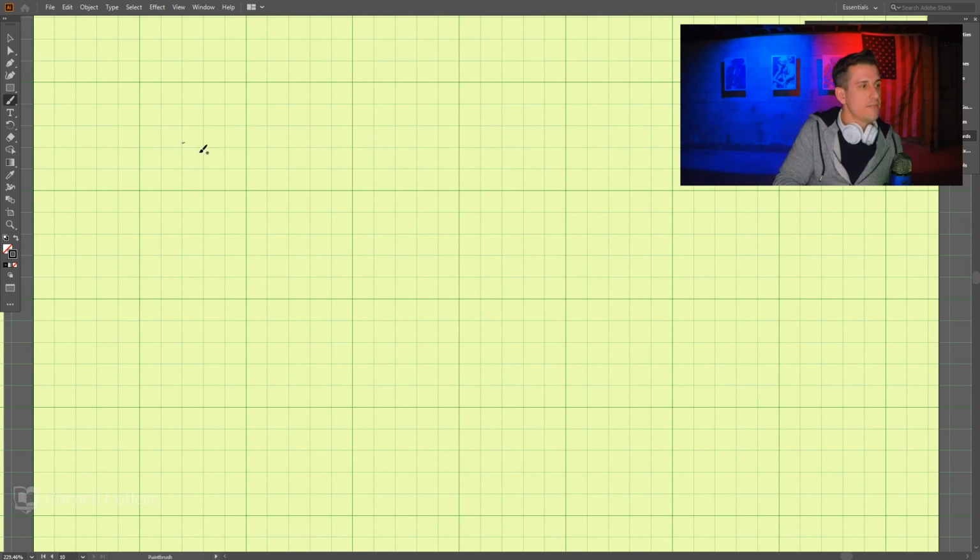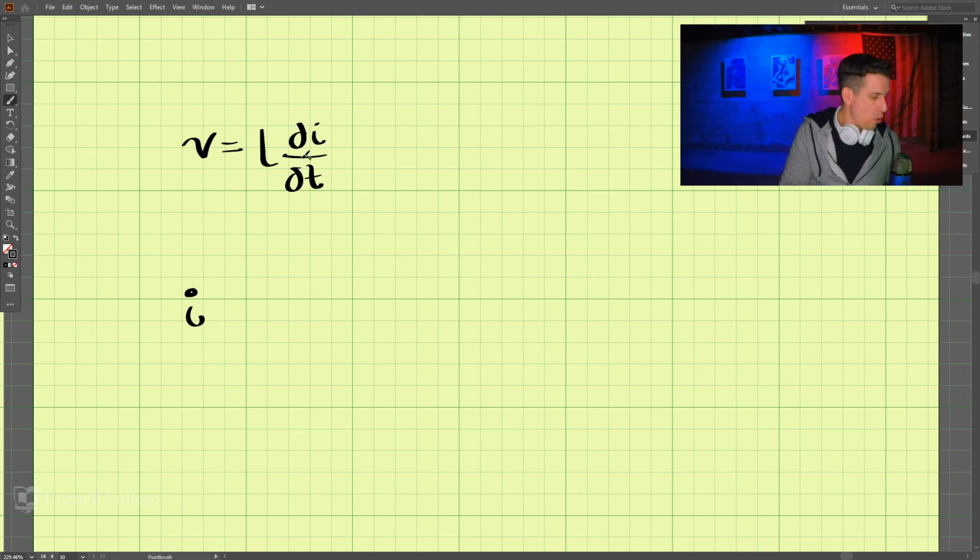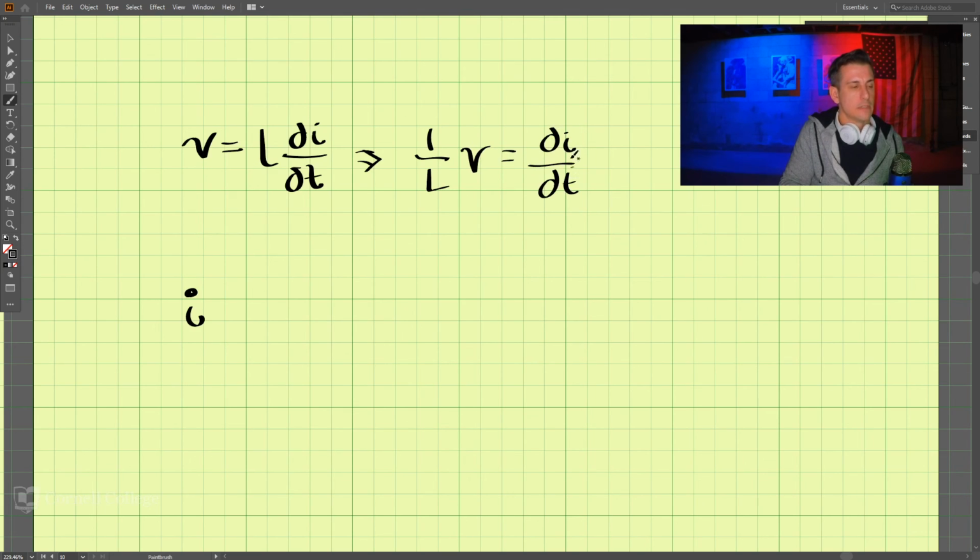Now we've said that the voltage of an inductor is L di/dt, but we can also find the current if we move the L to the other side. So we get 1 over L times V equals di/dt.